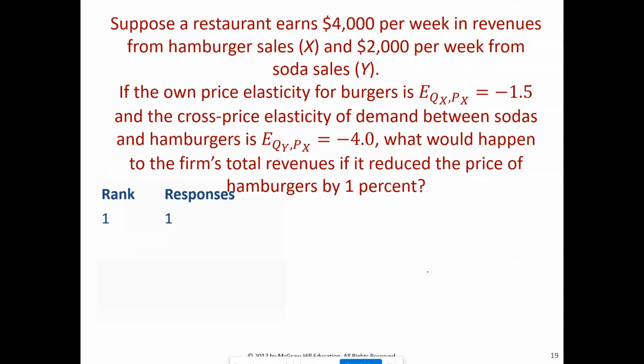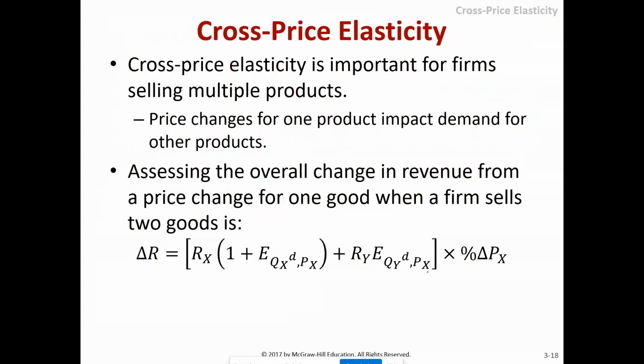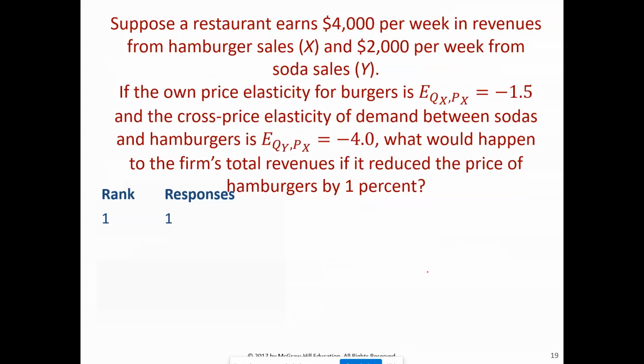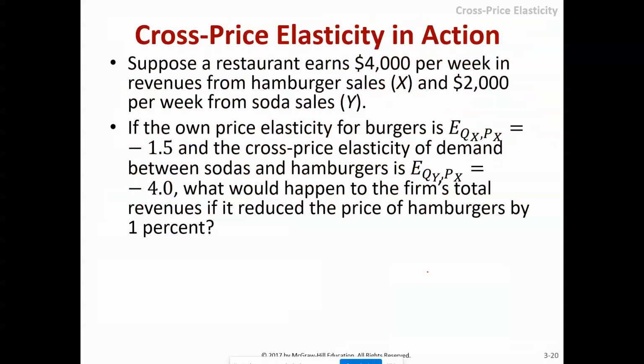And here's an example. Use this formula and solve this problem. Pause and come back for the answer. All right, so this question says this restaurant sells two products, hamburger and soda, X and Y. And says own price elasticity of burger is negative 1.5.